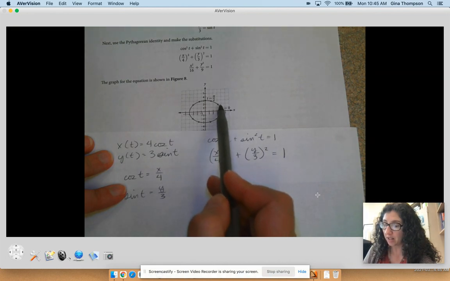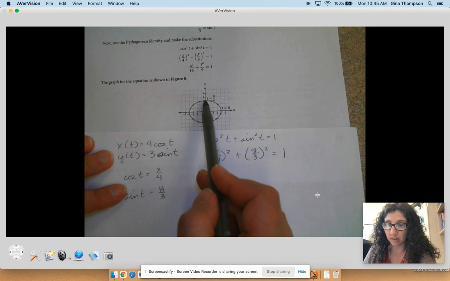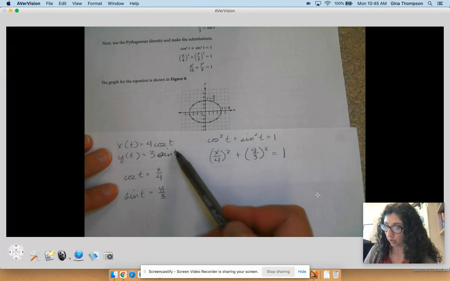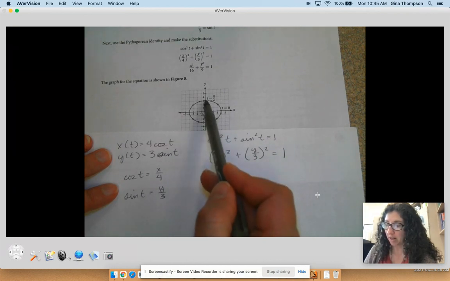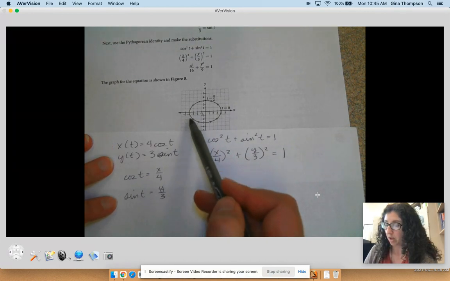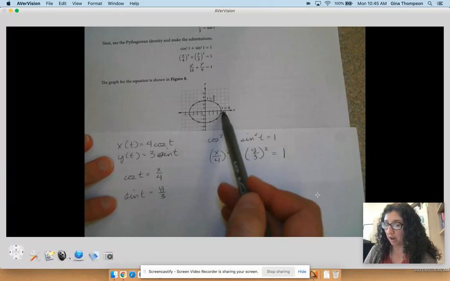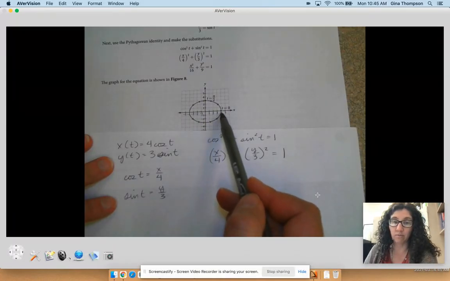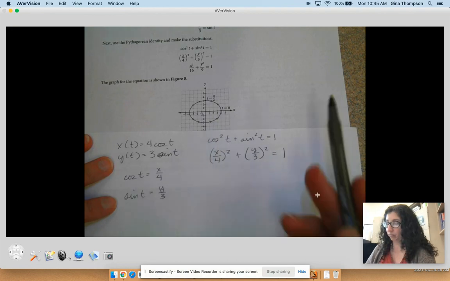And then if t is pi halves, cosine is 0 and sine is 1. So here we are. And then back to pi, where cosine is negative 1 and sine is 0. And then 3 pi halves, and then 2 pi. So we're moving around the ellipse in this direction. That's kind of cool, right?